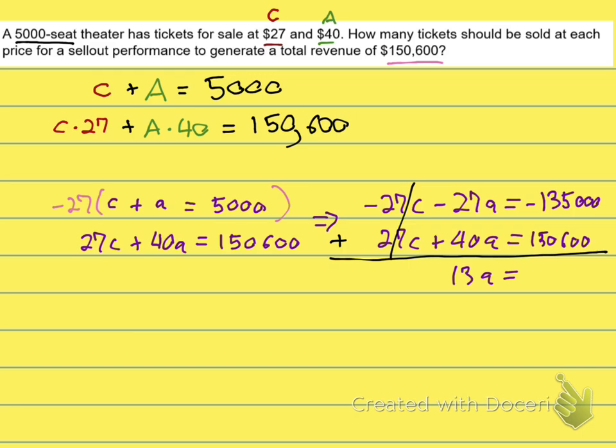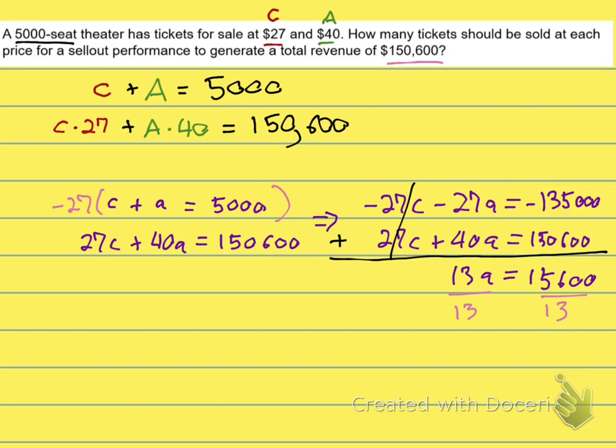And that's going to equal negative 135,000 plus 150,600. That gives me 15,600. To get A by itself, divide both sides by 13.